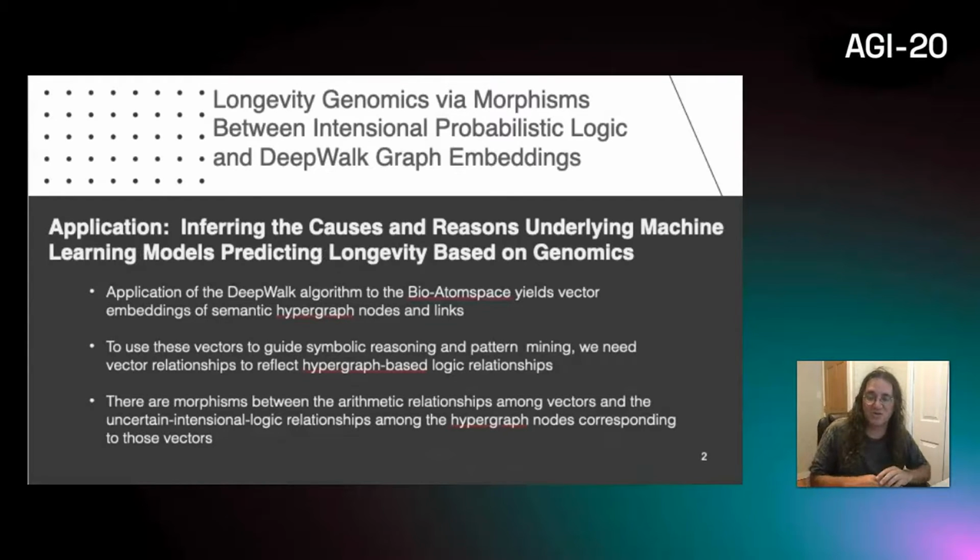It's done as part of a research program to use the OpenCog engine to work toward true artificial general intelligence, and it's also being done as part of a research program to use OpenCog together with machine learning tools to understand the genomics of longevity.